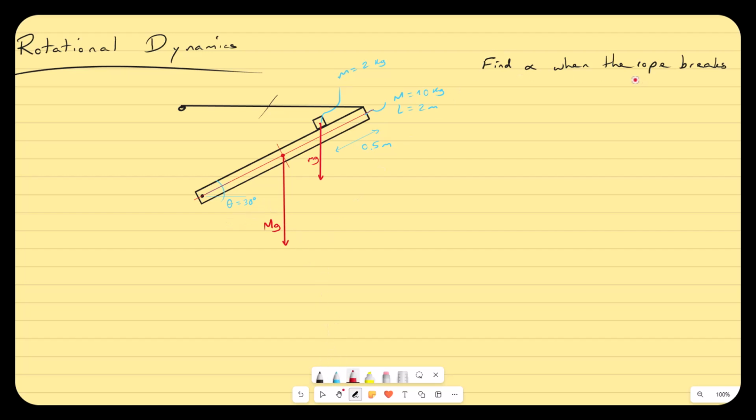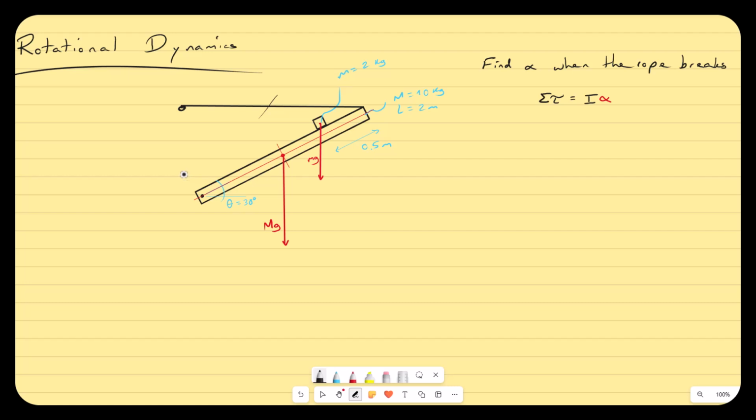I want to find the angular acceleration, so I'm going to need my torque equation. The sum of torques acting on my object is equal to moment of inertia times angular acceleration, and I'm looking for angular acceleration, so I'll just put that in red now. To get my torques, I need to look at these forces.